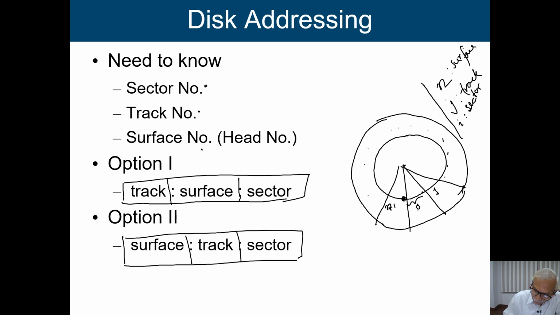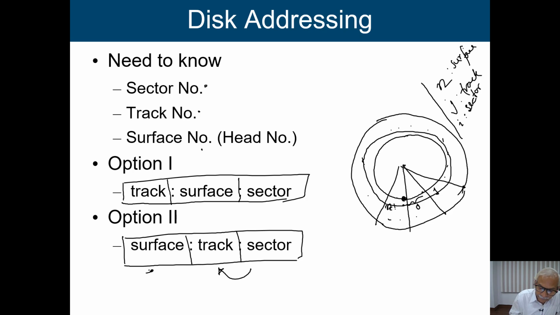Then after n minus 1, it becomes 0 again. That means I am coming to the 0th sector, and now I am going to work with the next track. That means now the track number is going to increase. We have completed this particular track and we are coming to this particular one. Like that we are going to access all the tracks, and after completion of this, if we are having more information, then we will go to the next surface.